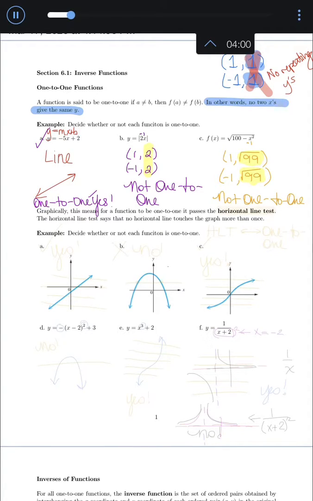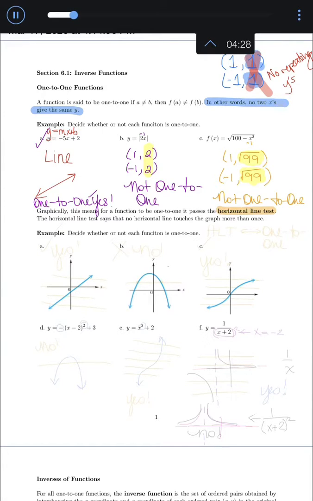So next part, moving along, is how do we know if a graph is one-to-one? Well, if you're worried about repeating y values, you're worried about whether or not something is going to pass. This is a new test. It's called the horizontal line test. The horizontal line test makes sure that you're not repeating your y values. It means that a horizontal line should hit your graph no more than once if it is one-to-one.